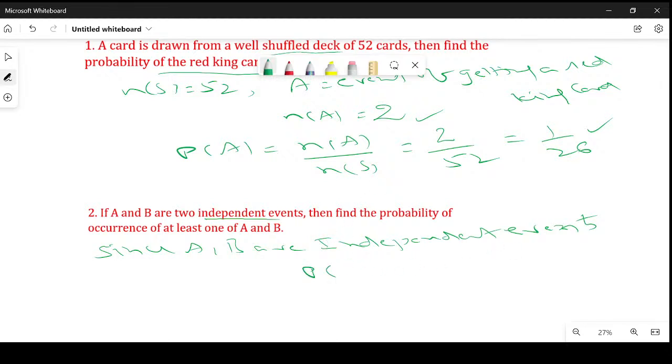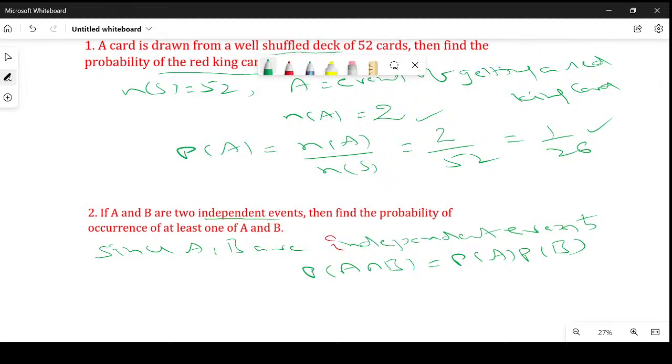When the events are independent, P(A intersection B) equals P(A) into P(B).